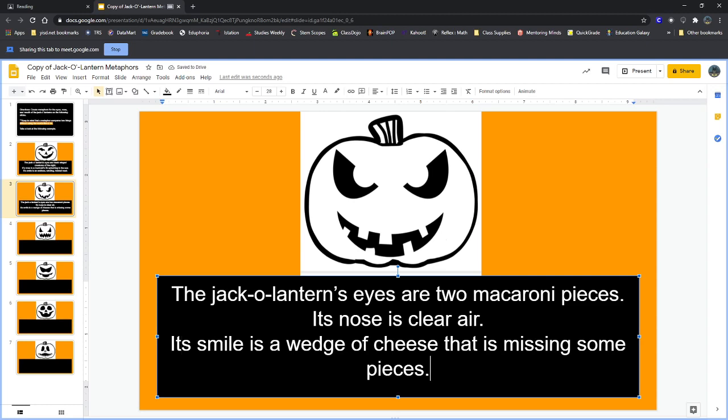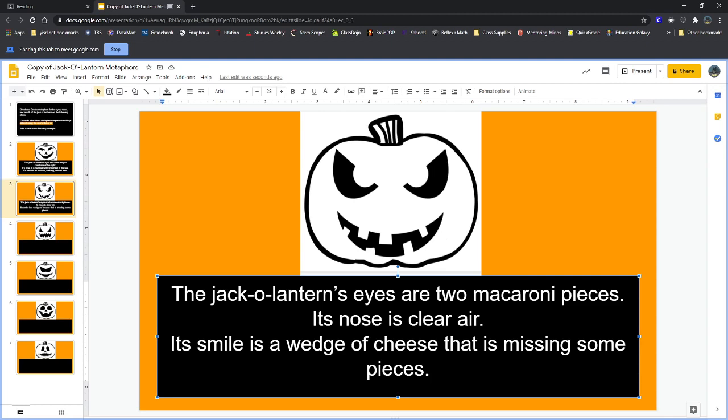What's up, Jaylene? I had another one to say. Oh, okay, what's yours? The shape kind of looks like an apple. That kind of does, doesn't it? So if I was gonna make a metaphor for the pumpkin, I'd say that the jack-o'-lantern is an apple.